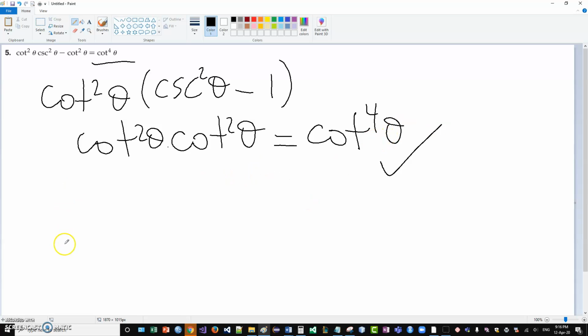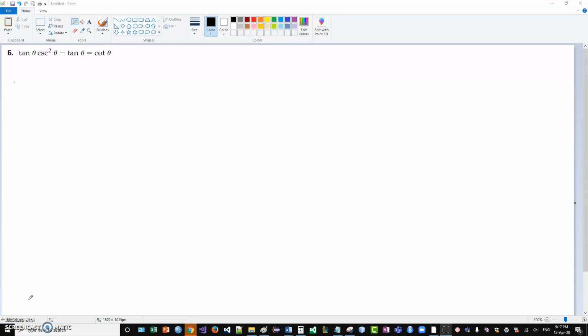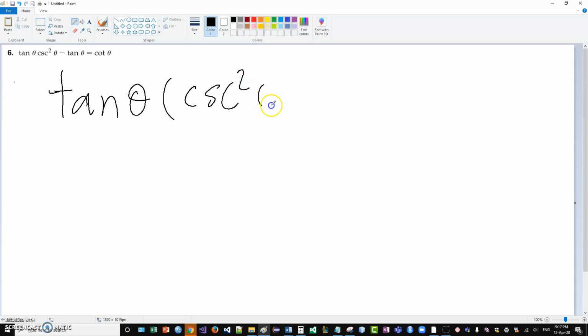Again, very straightforward exercise, and we did that by factoring. Let's move on to the next exercise. Number 6. Verify the following: tangent theta cosecant squared theta minus tangent theta equals cotangent theta. Let's take tangent theta as a common factor, leaving cosecant squared theta minus 1.